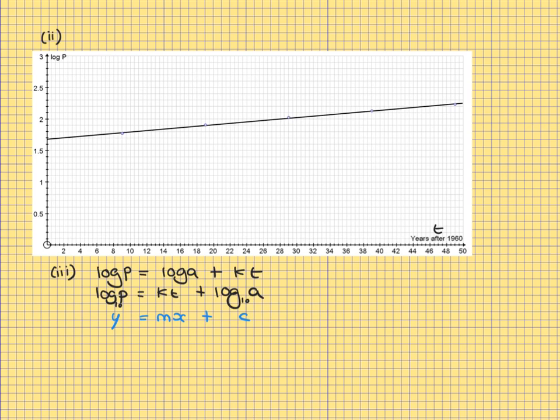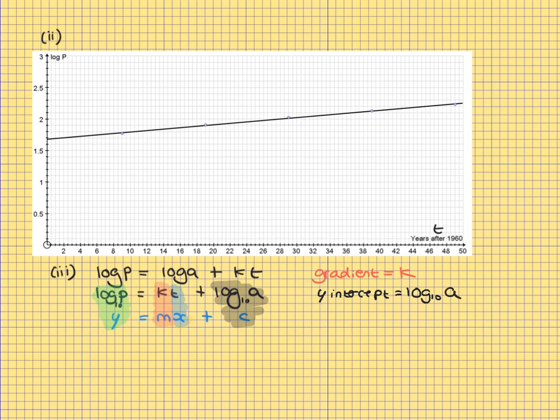On the y-axis we have log p, on the x-axis we have t. The gradient of this straight line is equal to k, so I'm going to write that down. And the y-intercept is equal to log a. So our y-intercept, or c value, is equal to log to the base 10 of a.